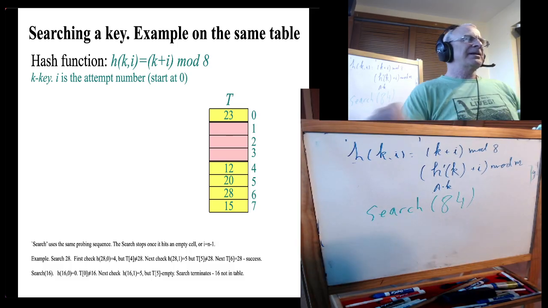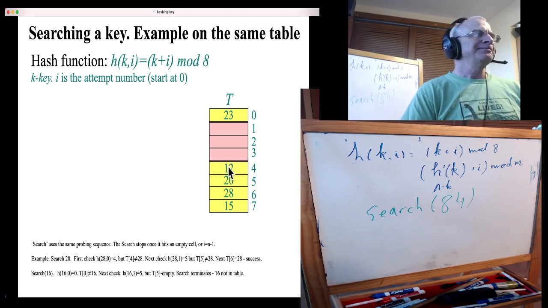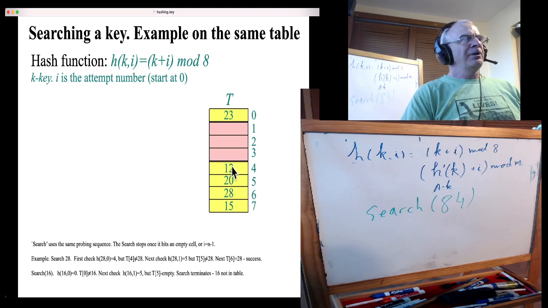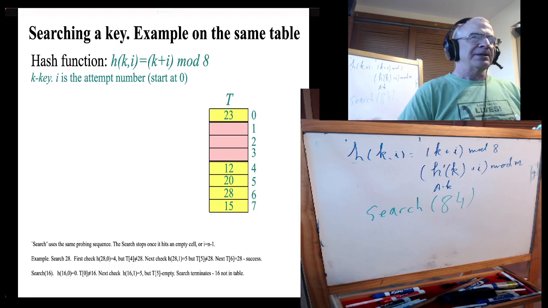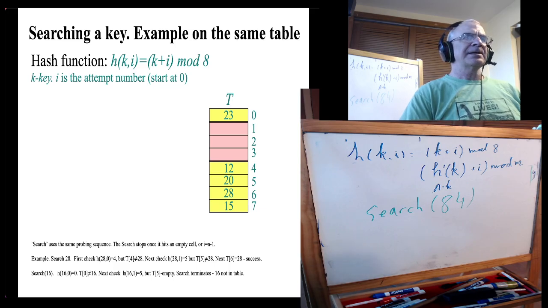What happens in the search of 84? 84 modulo 8 is 4, so I'm looking for 84 in this cell. Occupied, occupied, occupied, occupied, occupied, and only this is a free cell that finally gives me the signal to stop this search. Finally, I found what I'm after. Okay, so what is the problem with this search?